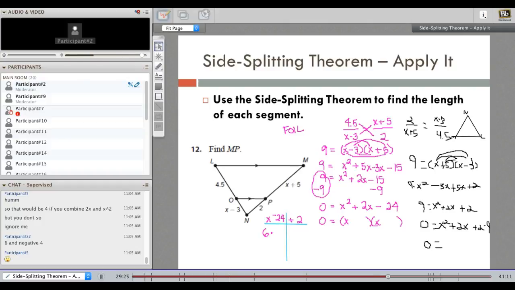Good. 6 times negative 4 multiplies to a negative 24. And then 6 plus negative 4 adds to a positive 2. So those are the numbers that I'm going to put in my parentheses. Positive 6, minus 4.